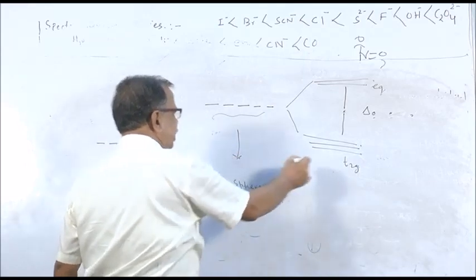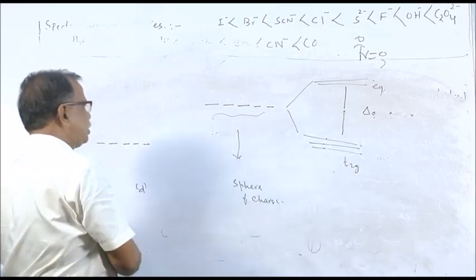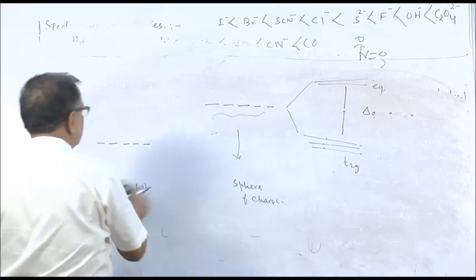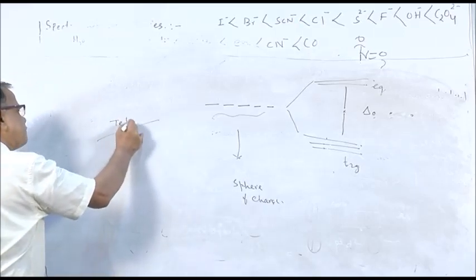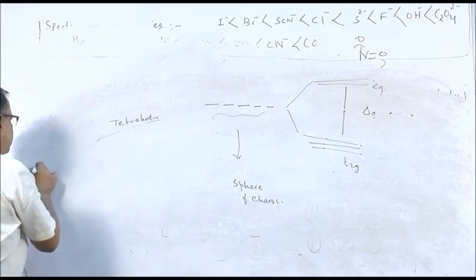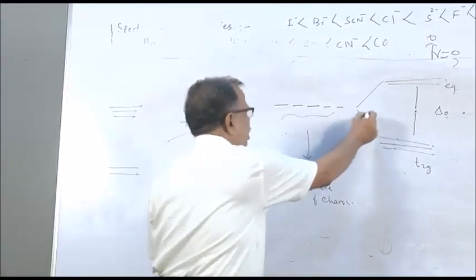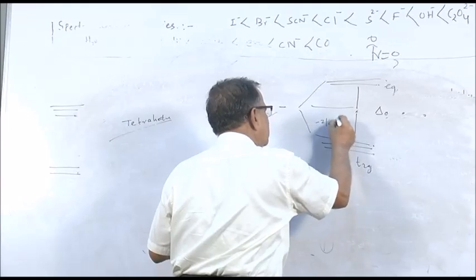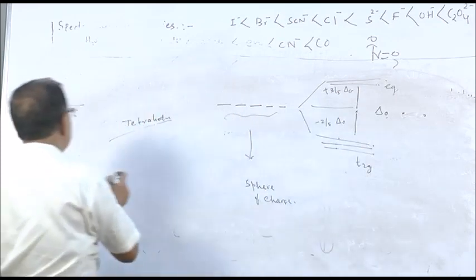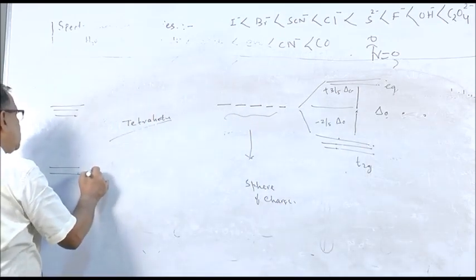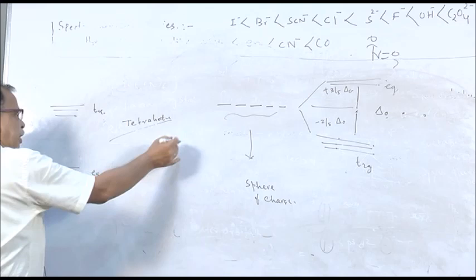Suppose d1 is there, the electron goes first here, d2 goes here, and d3 like this, in the octahedral case. In the tetrahedral case it is the reverse. The t2g is minus 2 by 5 delta O, and the eg is plus 3 by 5 delta O. In the tetrahedral case, it is e and t2, so the reverse is there.